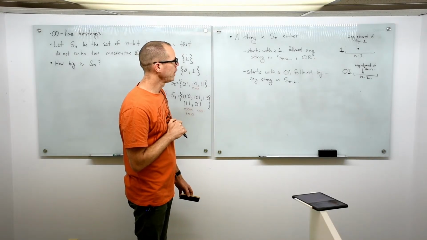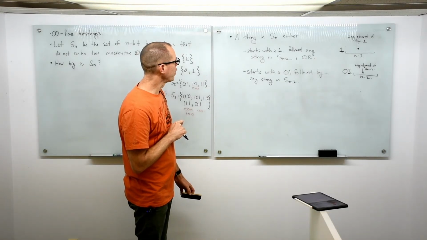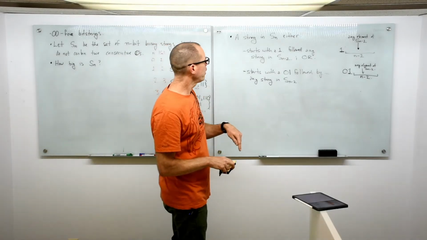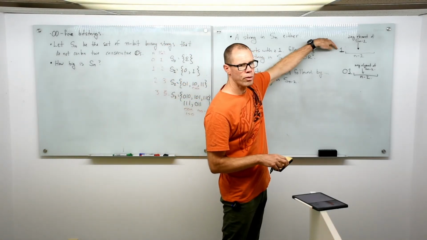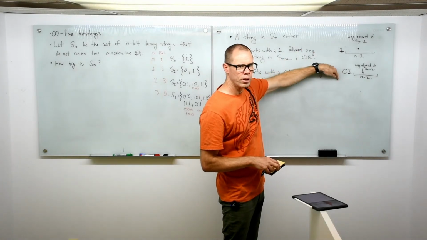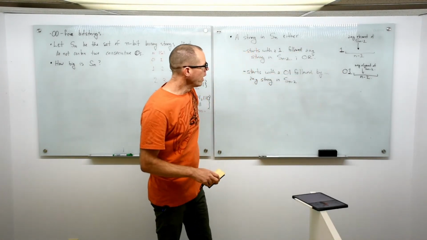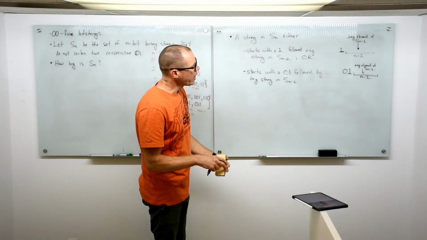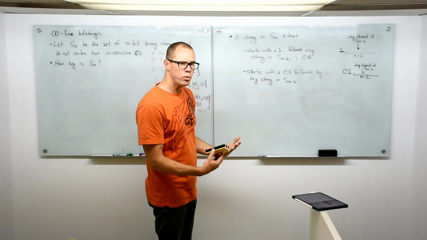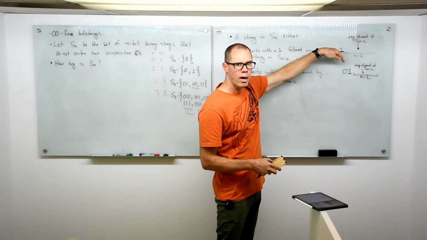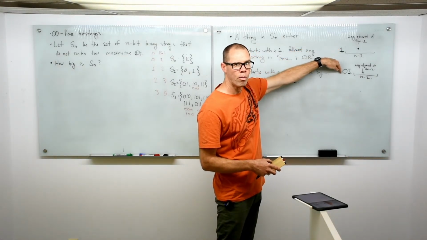So let's recap a little bit. A string in Sn either starts with a 1 or it starts with a 0, 1. Those are two mutually exclusive things. So imagine Sn is a set, and I've partitioned it into 2 subsets: the strings in Sn that start with a 1 and the strings in Sn that start with a 0, 1.